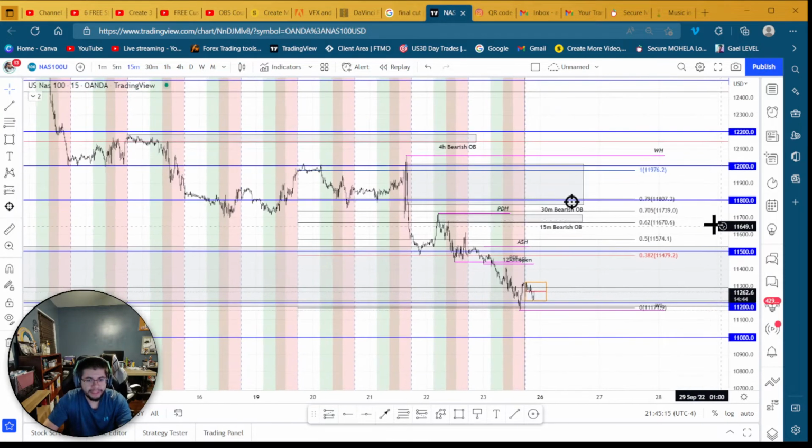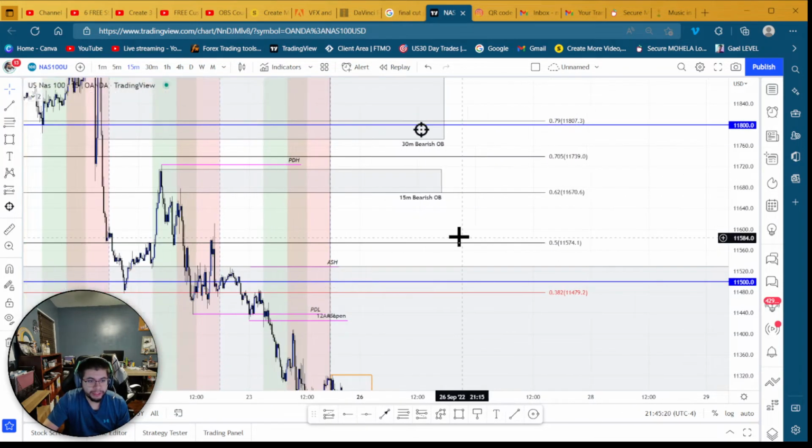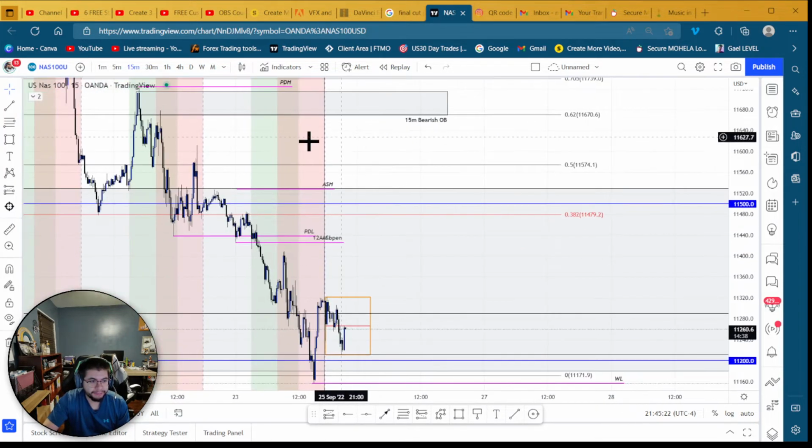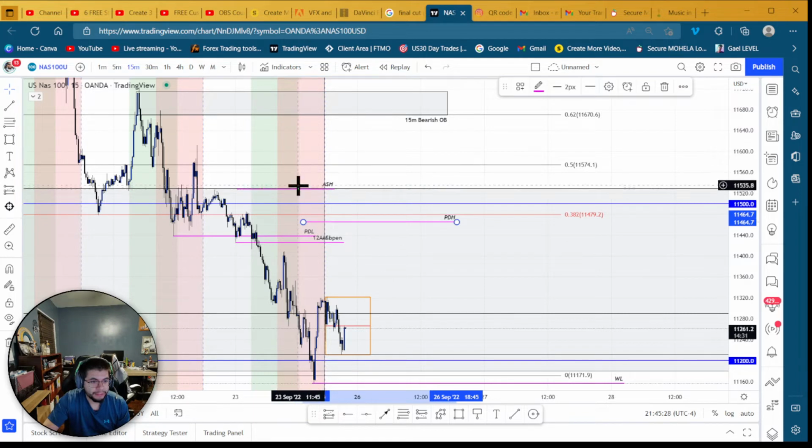Okay, perfect. We see that. We see this previous day high. Let's go ahead and switch that. So this is the previous day. So I'm going to move this one to wherever the high was, because now we're going to get it ready to move it for this week.